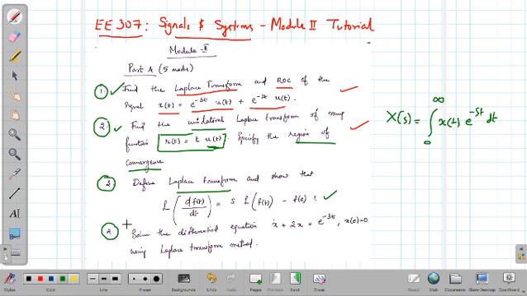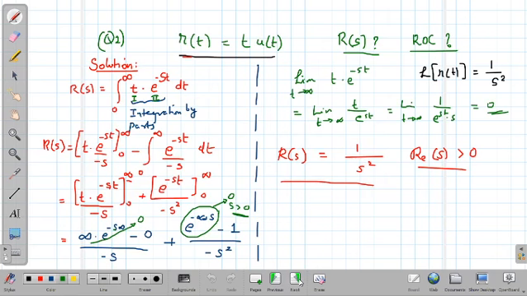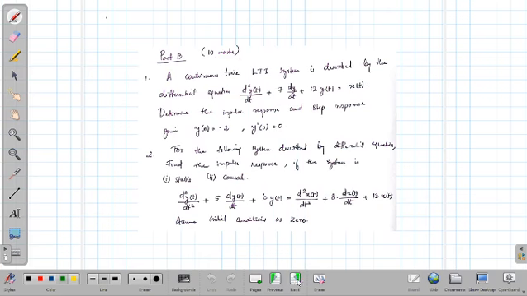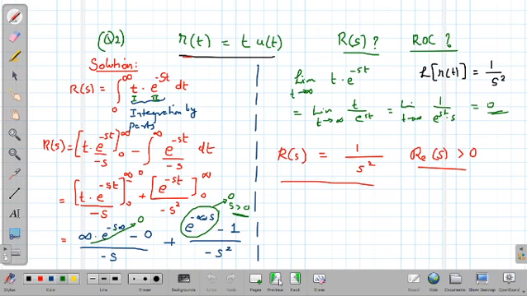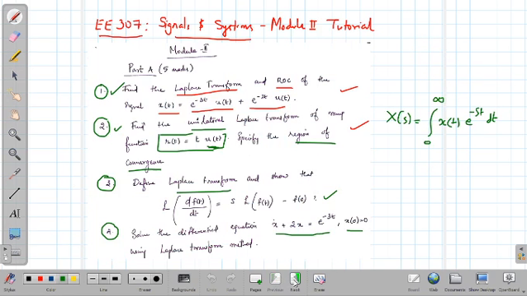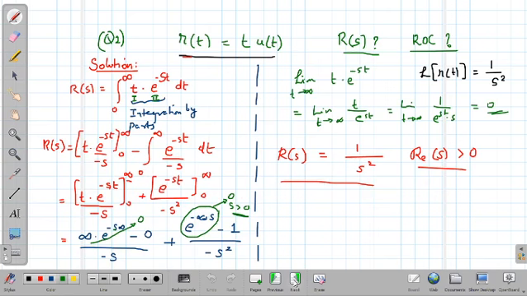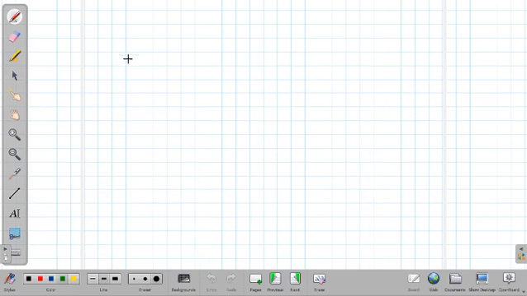Now let's go to the fourth question. Solve the differential equation x dot plus 2x equal to e raised to minus 3t, x of 0 equal to 0 using Laplace transform. So let me take a new page. Question 4.